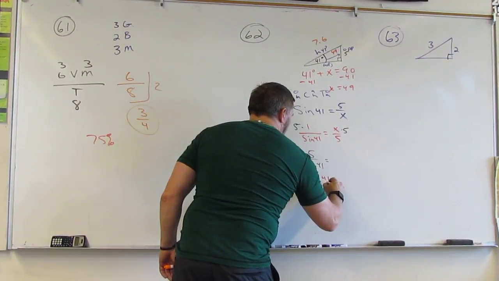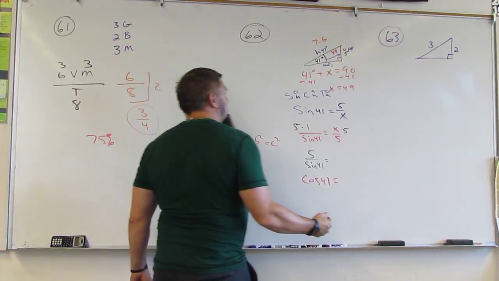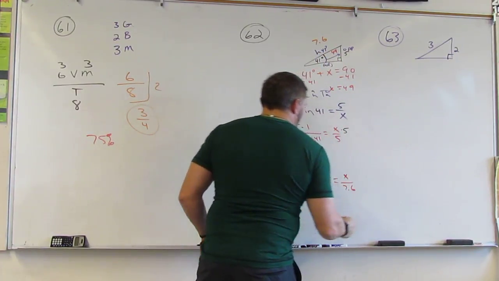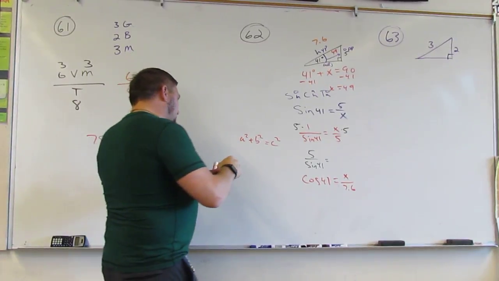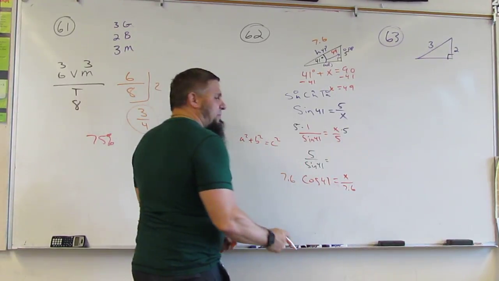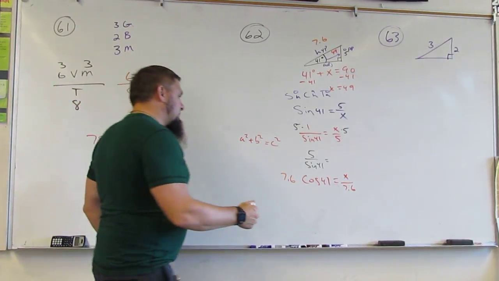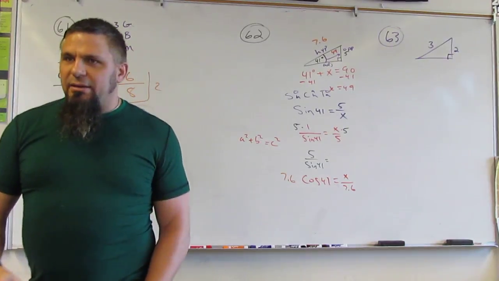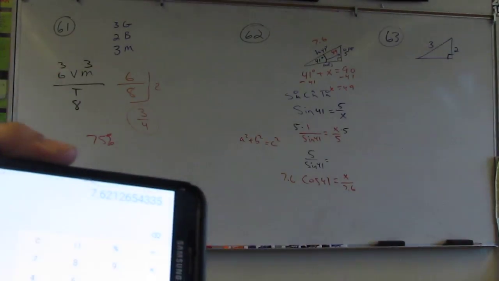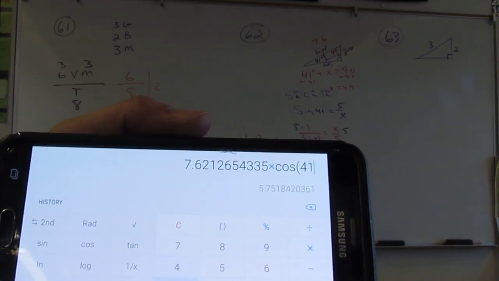Cosine of 41 is equal to the adjacent over the hypotenuse. So now I just multiply both sides by that number. Since I already have that number in my calculator, I just say times cosine 41. Hopefully I didn't mess it up. 7.6, because I don't like to round off, times cosine 41.